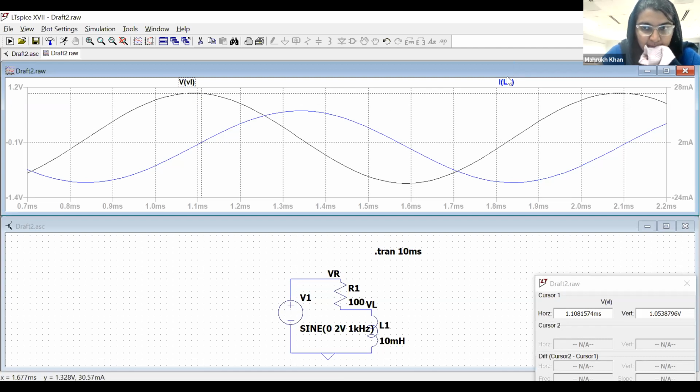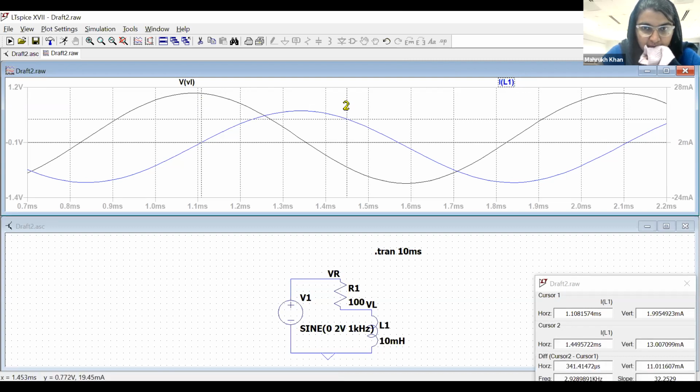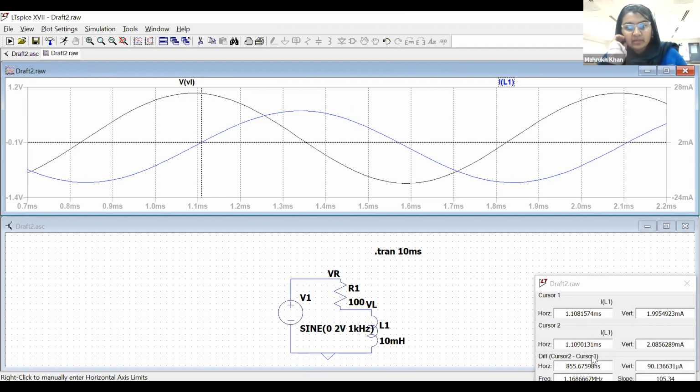And the similar position, if I put the second cursor here, you can see that it's very, very low, right?